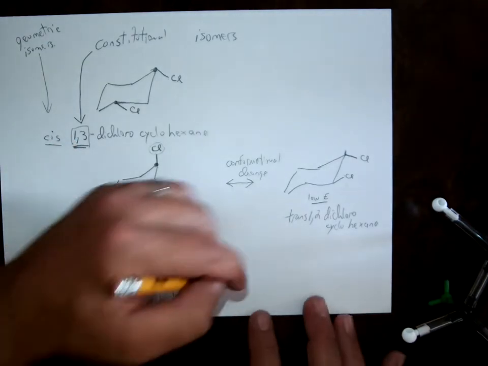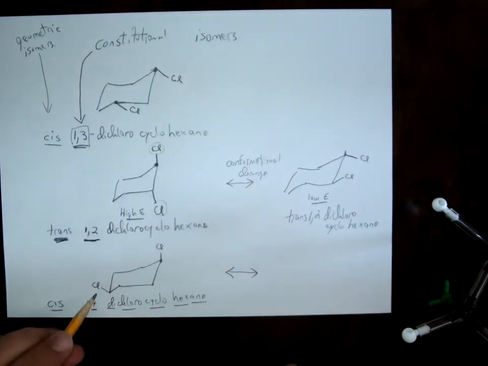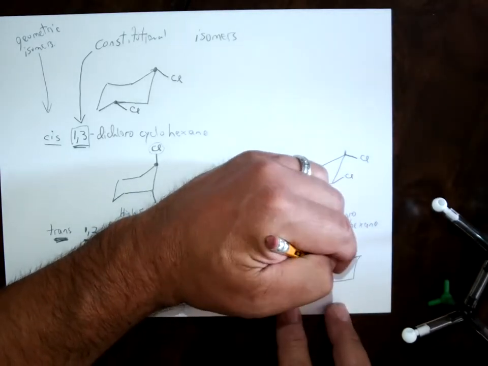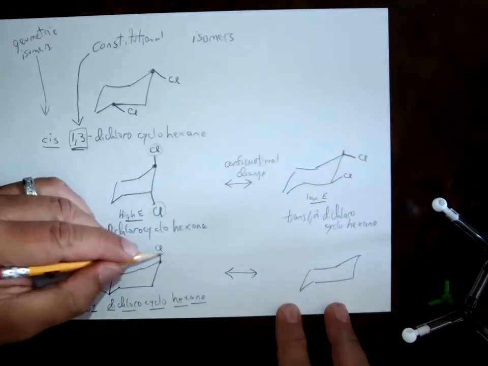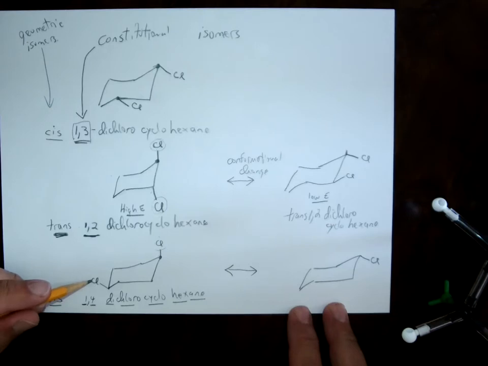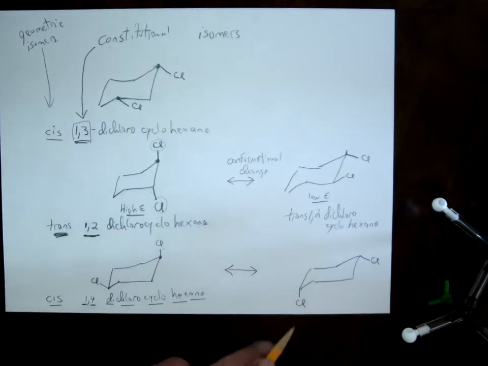And so if I wanted to do conformational change for this molecule, the one at the bottom, the cis 1,4-dichlorocyclohexane, the axial position turns into an equatorial chlorine. The equatorial chlorine turns into an axial chlorine. It stays cis.